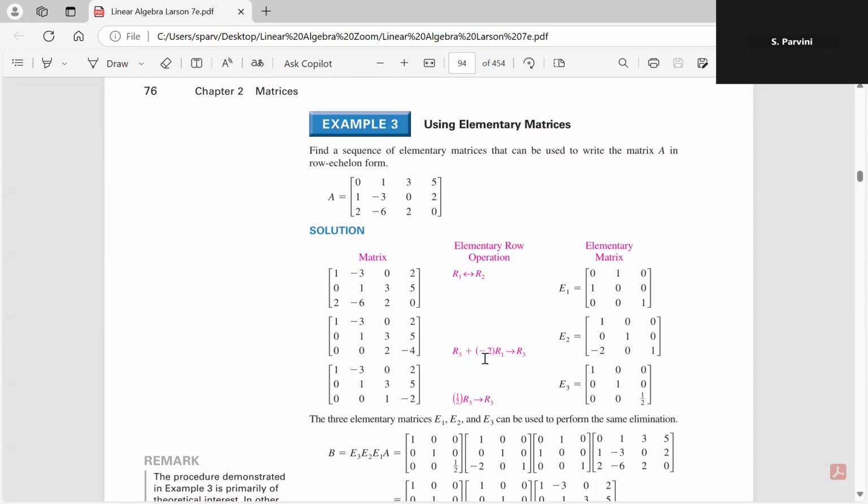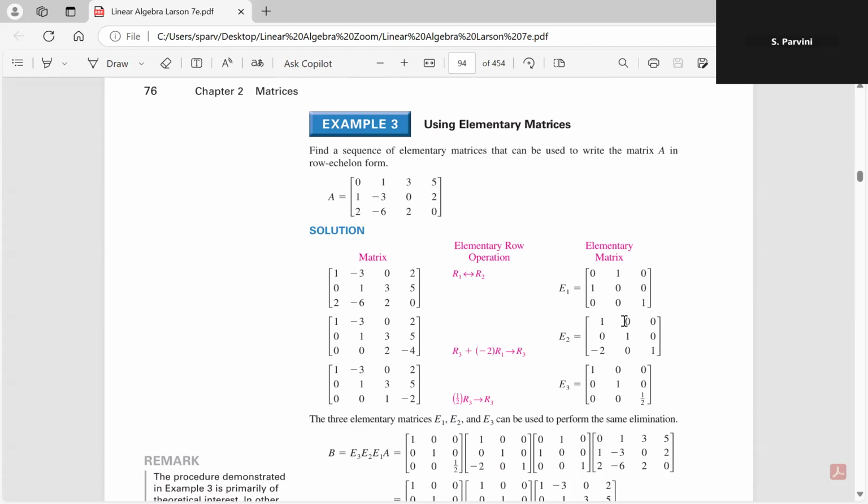What does he do next? He says, well, I'm going to do negative 2R1 plus R3, that's an elementary row operation. Replace row 3. Okay. And he gets this. He's going to do the exact same operation with the identity matrix. This E2 has absolutely no correlation with E1.